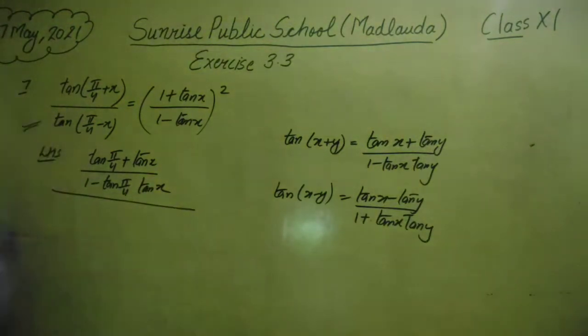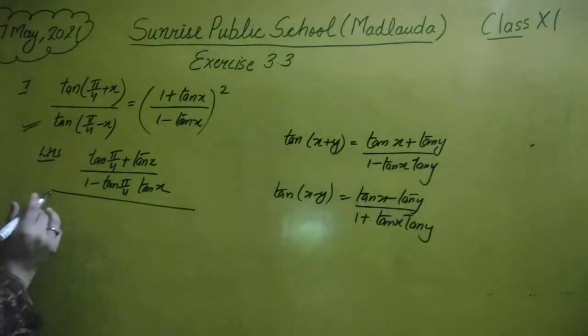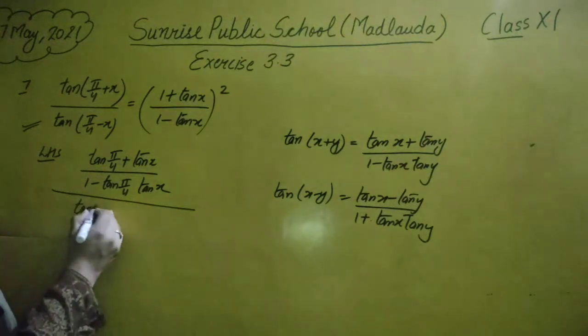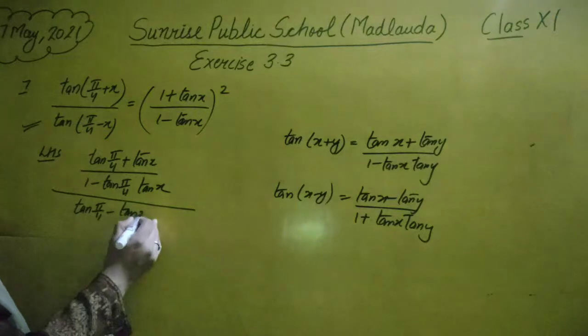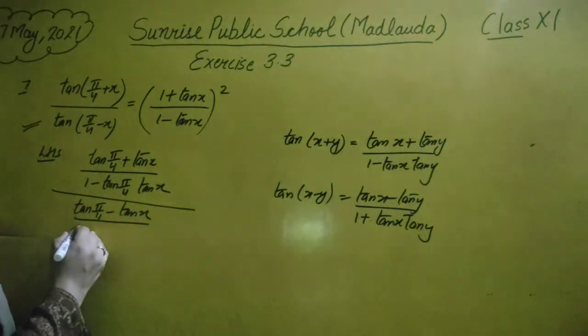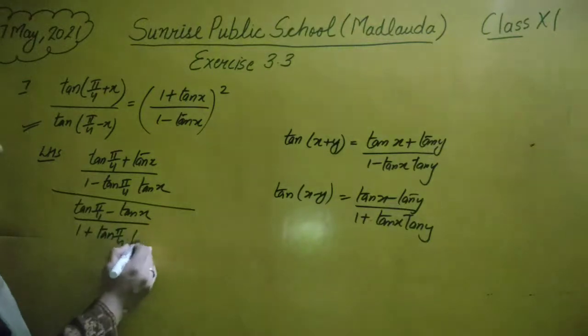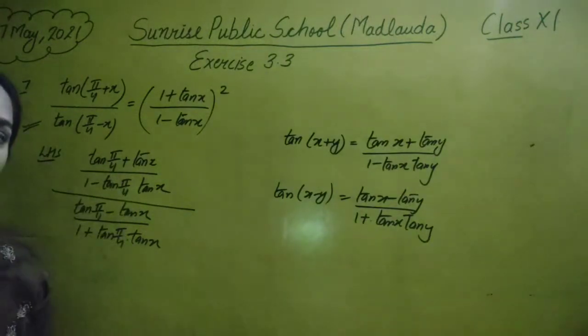Same as in the denominator, at the place of tan(pi/4 - x), with the help of this identity, we will write tan pi by 4 minus tan x divided by 1 plus tan pi by 4 and tan x. Now in the next step, at the place of tan pi by 4, we will write 1.